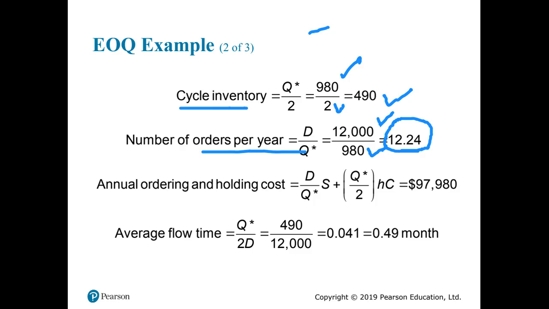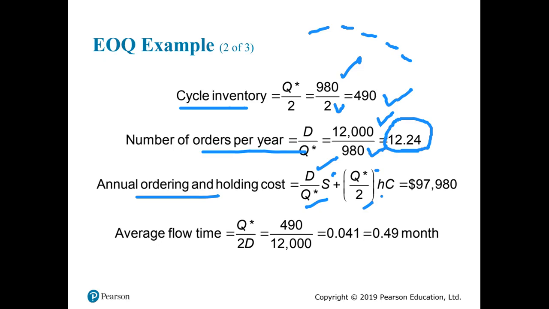So the annual ordering and holding costs are going to be D over economic order quantity into S, plus economic order quantity over 2 into HC, which will be 97,980.